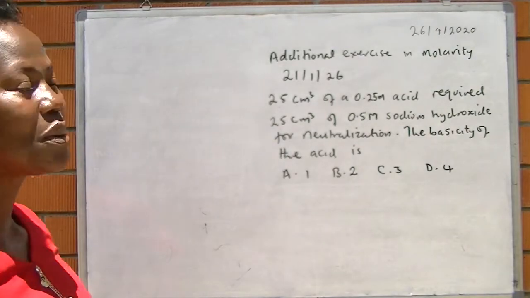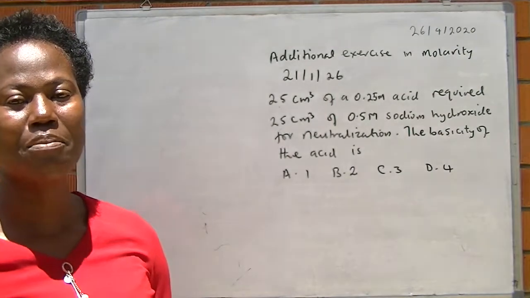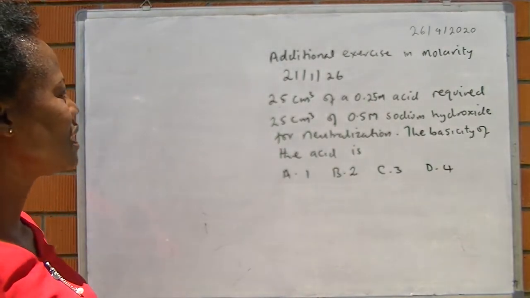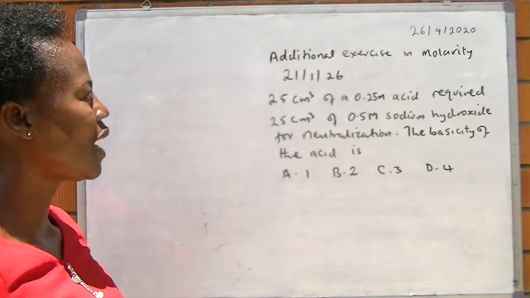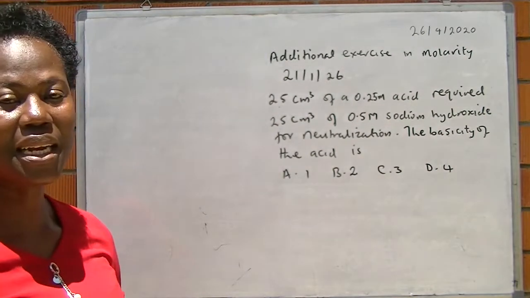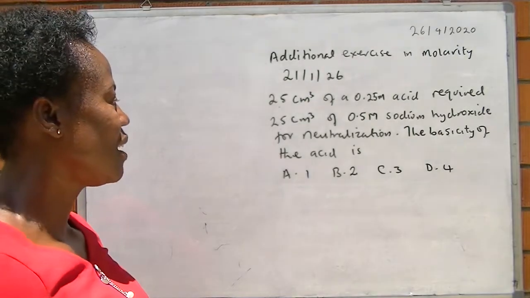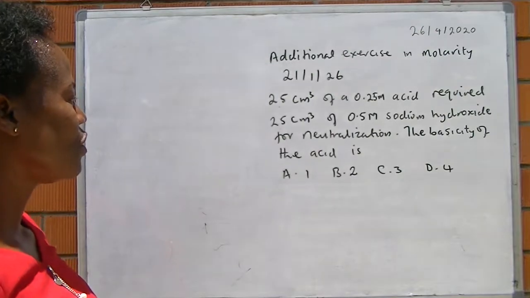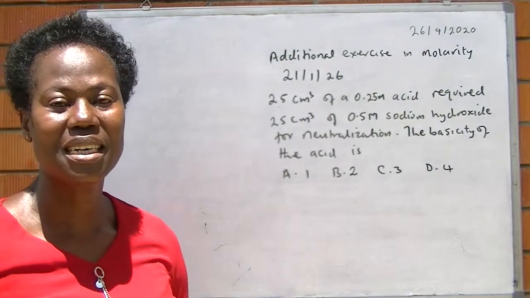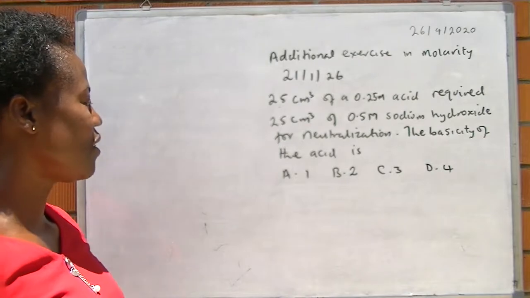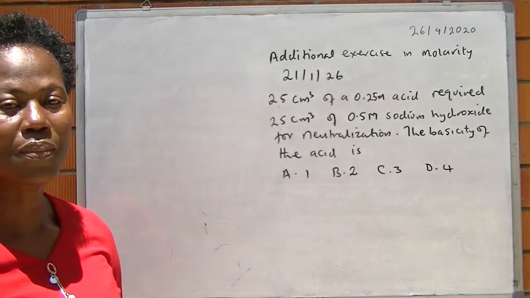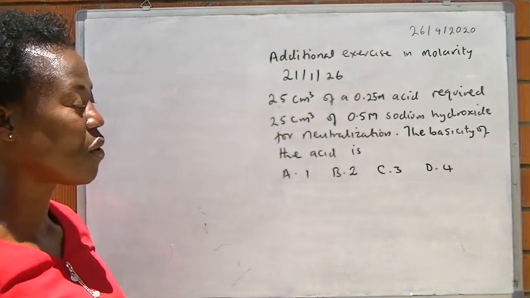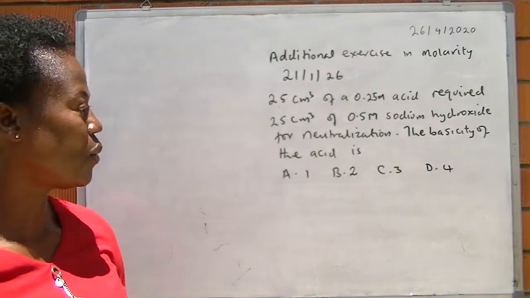The question is obtained from 2011, paper 1, number 26. 25 cubic centimeters of 0.25 molar acid required 25 cubic centimeters of 0.5 molar sodium hydroxide for neutralization. The basicity of the acid is, we are given objective A as 1, B as 2, C as 3 and D as 4.